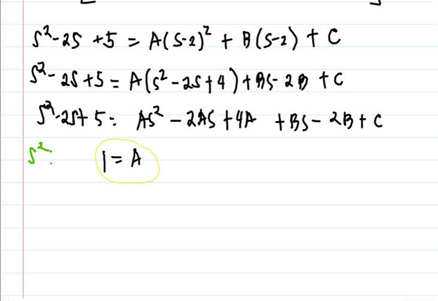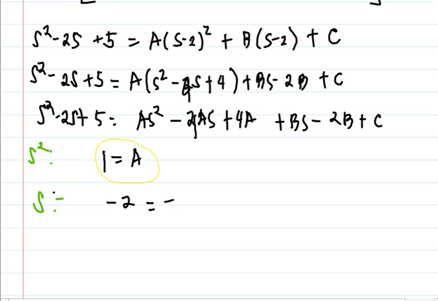Next, all the terms with s only. So, the equation we form is negative 2 is equal to negative 4A plus B. Take note, we made a mistake in squaring s minus 2 squared, so this is negative 4. Negative 4, guys.